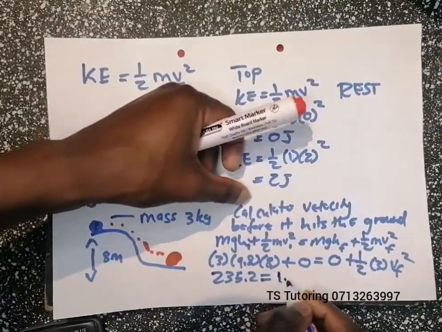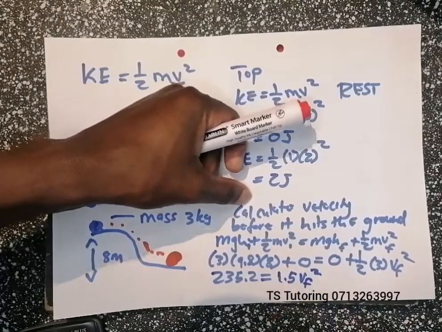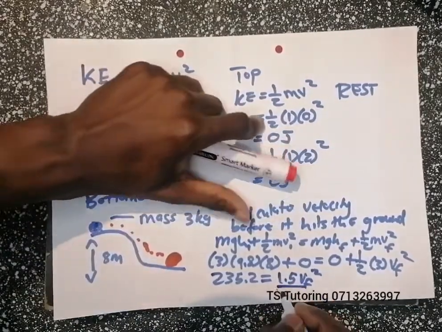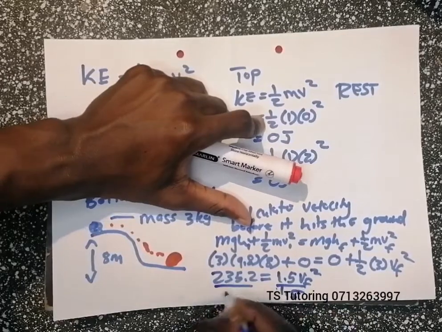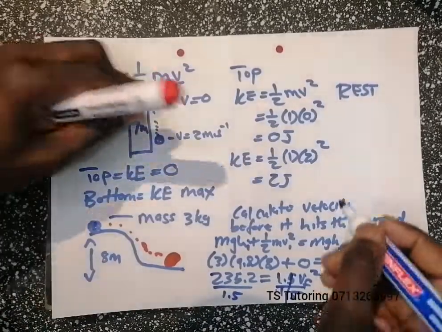So now we'll have 1,5 Vf squared. Now to get Vf squared, we can divide both sides by 1,5. 1,5 and 1,5 cancel.